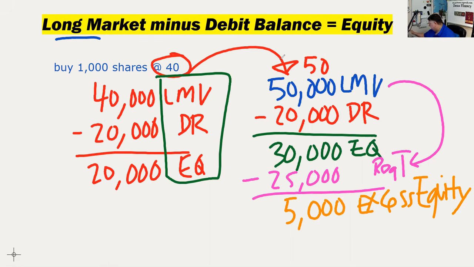Kind of cool. You say, well, Dean, in my home, when I have excess equity, they're willing to advance me a further loan. I said, we are the same way. As brokers, we love advancing loans. And right now I can advance you another $5,000 because on $50,000 in collateral, I'm allowed to lend you 25. You've only bought at 20. Reg T, Federal Reserve Board says you only need to be at risk for half, which is 25, and you're at risk for 30. You can have that as cash or you can buy additional securities.